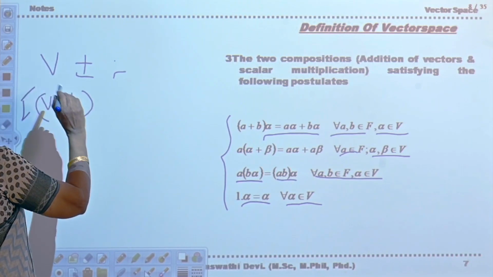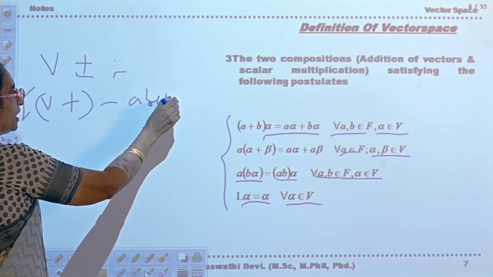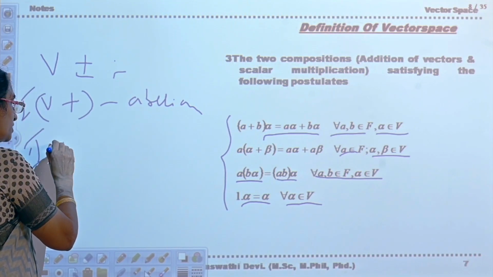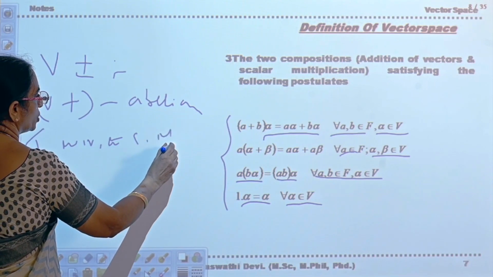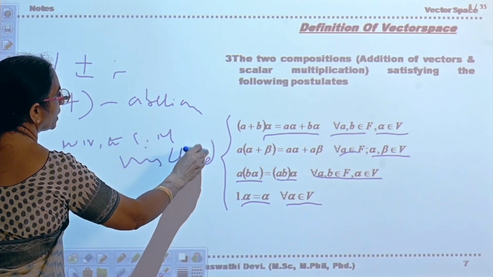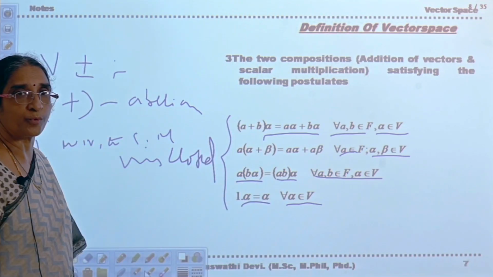This is the first condition. Second condition, with respect to scalar multiplication, V is closed. Okay.